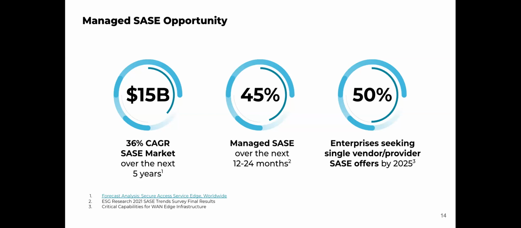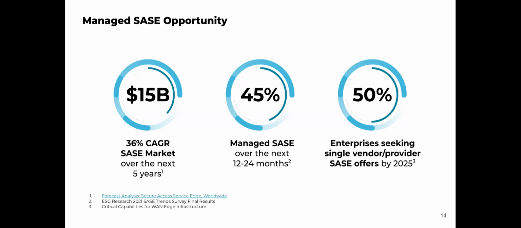From a market perspective, the SASE total addressable market continues to grow, estimated to be approximately $15 billion in the next 5 years. SASE is built on the convergence of networking and security, which themselves are very fragmented, if you look at it, from various architecture layers to deployment models.